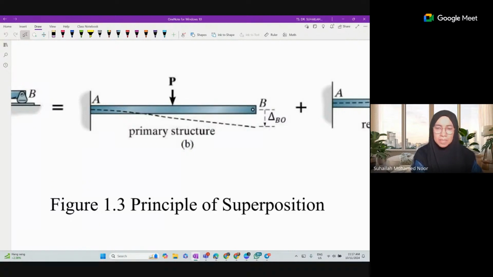For the primary structure, after removing the redundant, it is a cantilever beam subjected to a point load, or any type of external load, it doesn't matter. It will deflect, and we mark the deflection at point B as delta B naught.